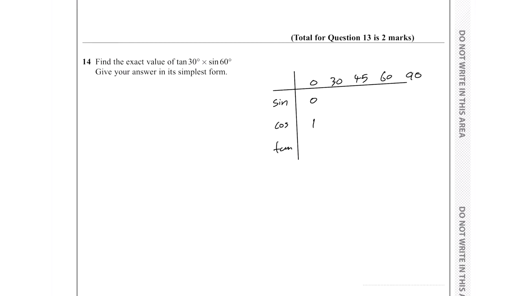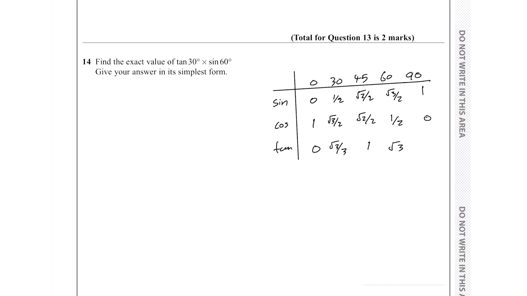We have 0, 1, 0, a half, root 3 over 2, root 3 over 3, root 2 over 2, root 2 over 2, 1, root 3 over 2, half, root 3, and that's 1, and then 0.